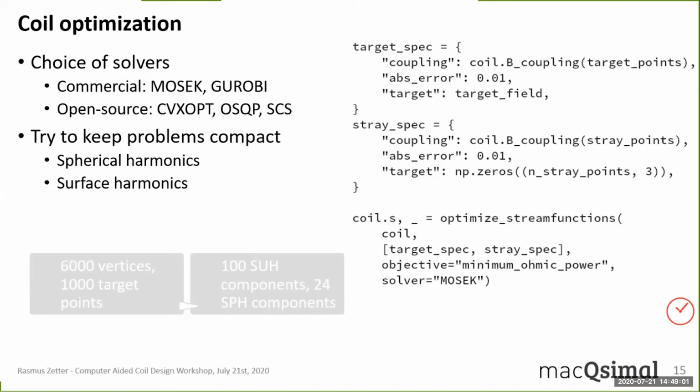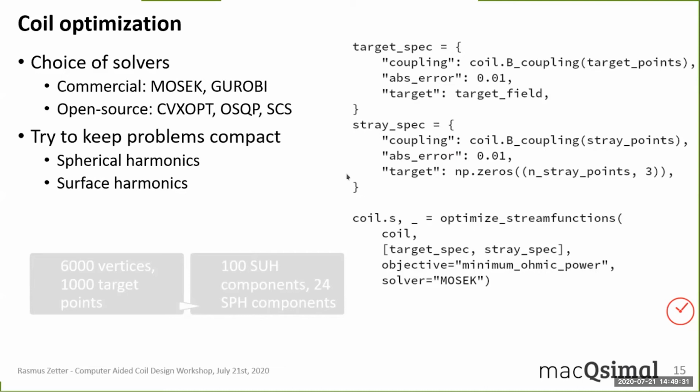So that brings the computation down from tens of seconds to 100 seconds, let's say, on a typical desktop computer, to a couple of milliseconds, which then makes iteration quite nice. Of course, when using surface harmonics, we need to solve the eigenvalue equation first, but that's a one-time cost, and that's not at all on the same order of time scale.